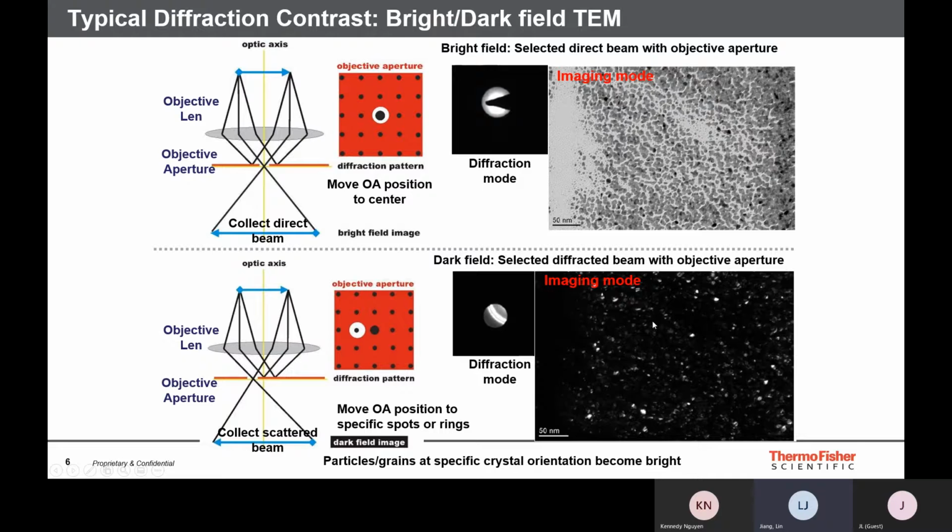So in the dark field imaging, if you see bright grains, those grains have the orientation we just selected by the objective aperture. If you want to see a specific orientation, it's better to do dark field and use the objective aperture to select that specific orientation.